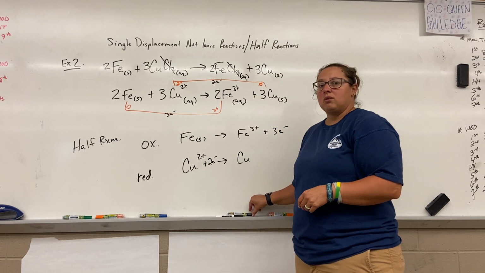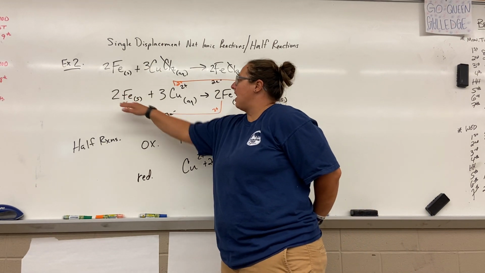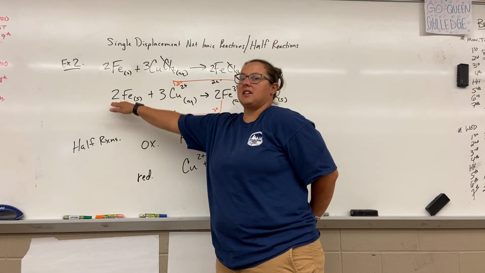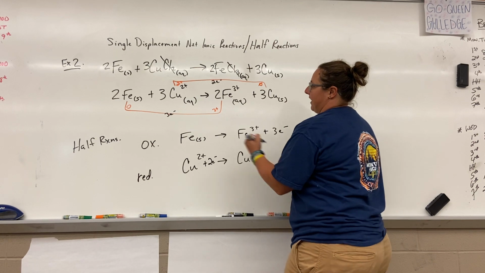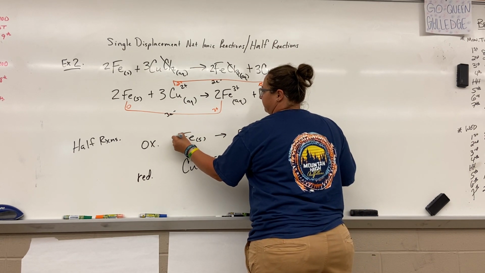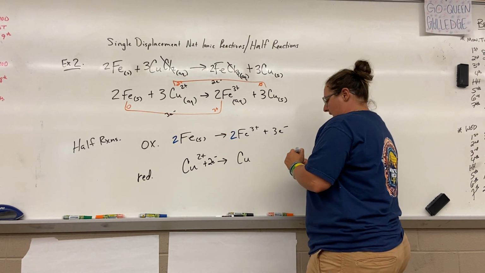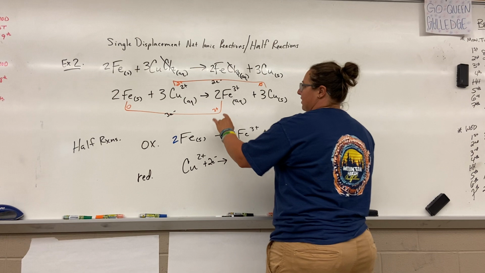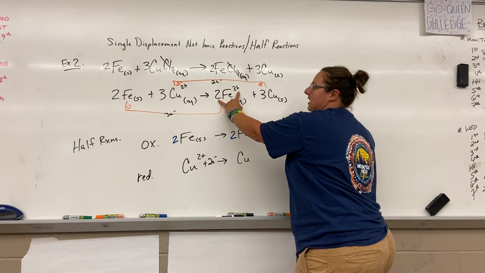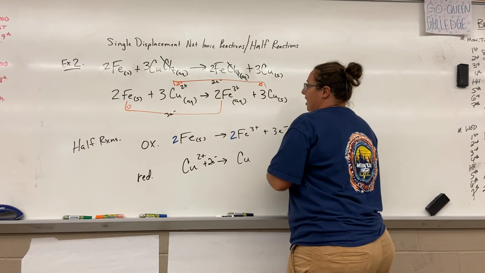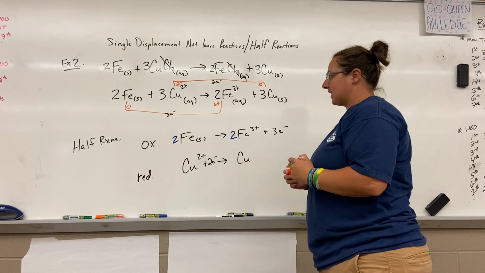So let me show you, just so I'm not confusing you, what it would look like if I am not neglecting these coefficients. What I would do for this first one with iron is I would bring down the 2Fe. I would bring down the 2Fe3 plus, but instead of 3 electrons it's changing by, 2 times 3 plus is equal to 6 plus. So the oxidation state for the iron totally is 6 plus.